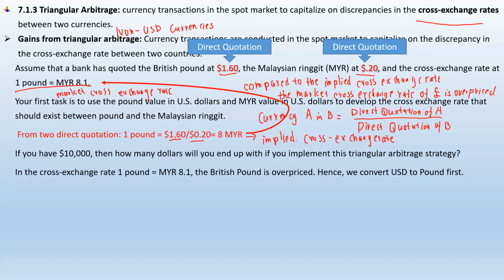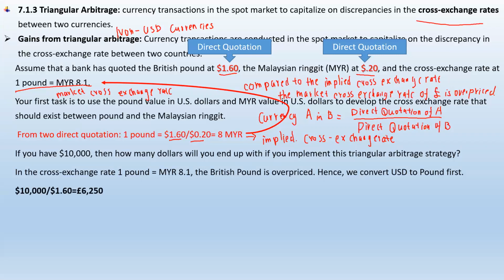According to the implied cross exchange rate, 1 British pound can exchange for 8 MYR. However, the market prices it in a higher way. So 1 British pound in the market can exchange for 8.1 MYR. So in this case, the British pound is overpriced in the market. Then we will convert the US dollar to the overpriced currency first. So we convert the US dollar to British pound.